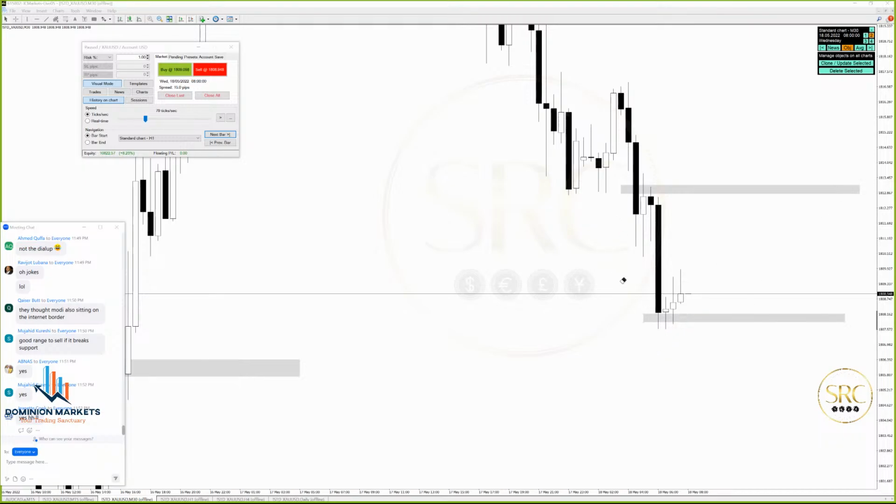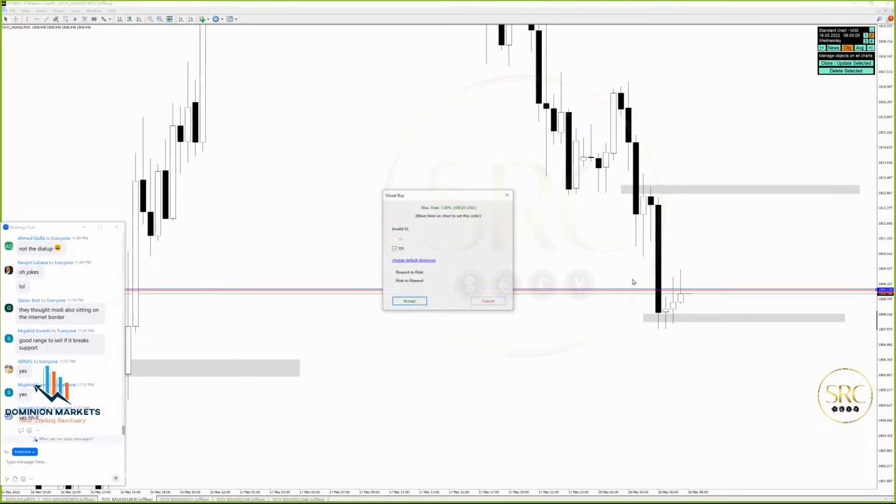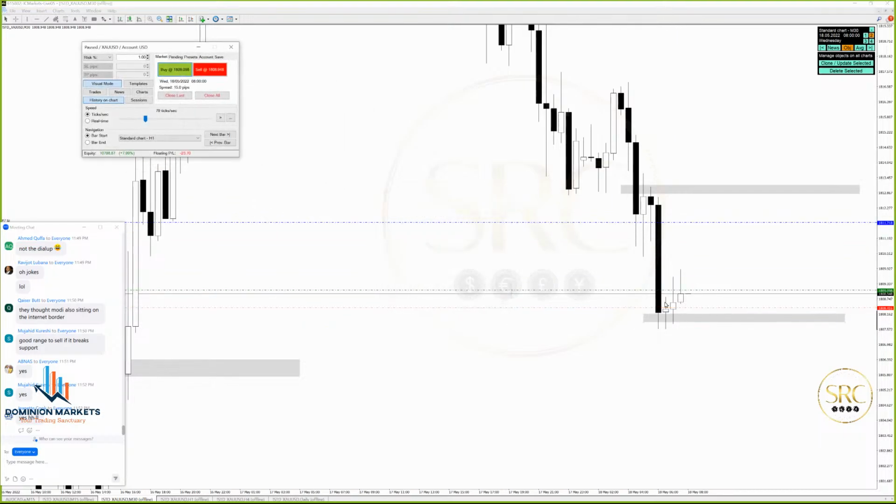So a trend is simple. A trend is basically price making a higher high, higher low, higher high, higher low, and higher high. That's what a trend is, and that's what's happening right over here. So maybe go with a low risk right here. Maybe take a buy and have a stop below the previous 30-minute candle and anticipate it to continue pushing up. Maybe, right? Because if price is going to go up, then this candle should do what the previous candles did.